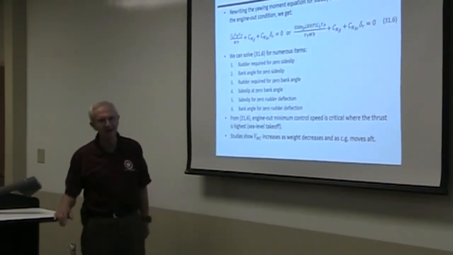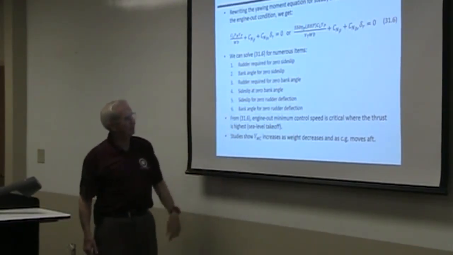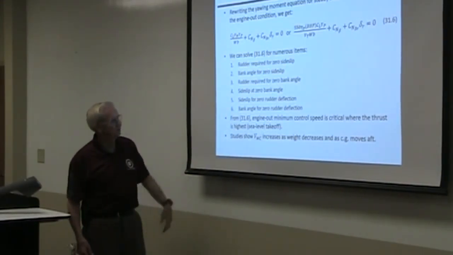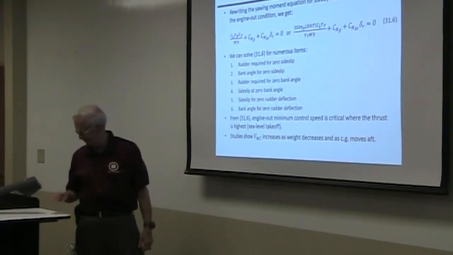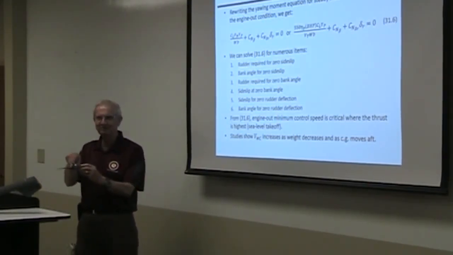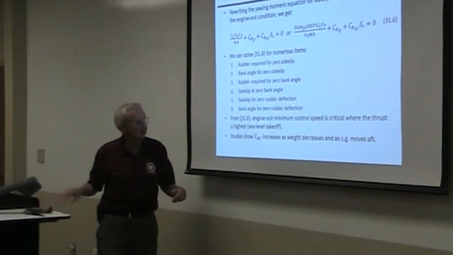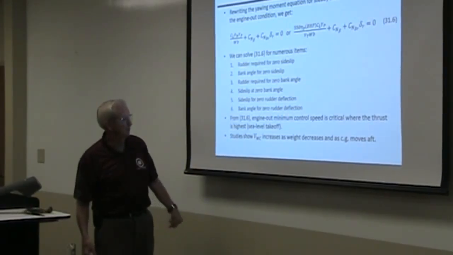If you put in enough bank, you can get zero sideslip. Or the sideslip for zero rudder deflection: how much are you going to let the airplane sideslip so that you don't have to deflect the rudder? And the bank angle for zero rudder deflection.